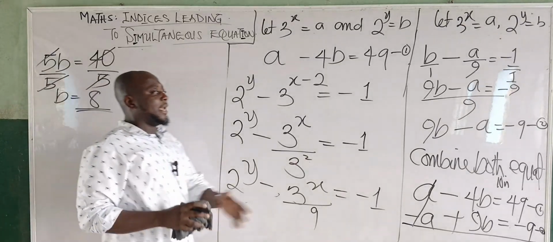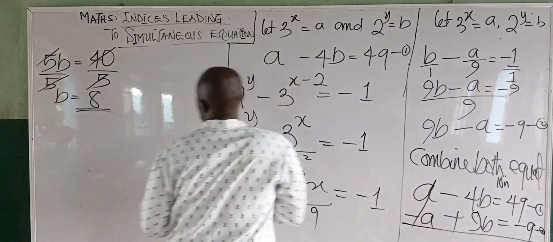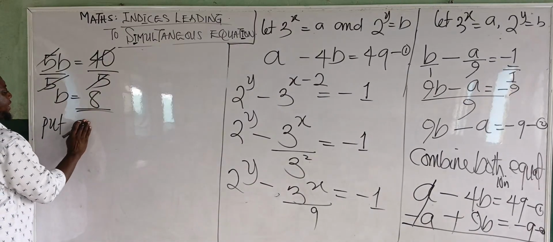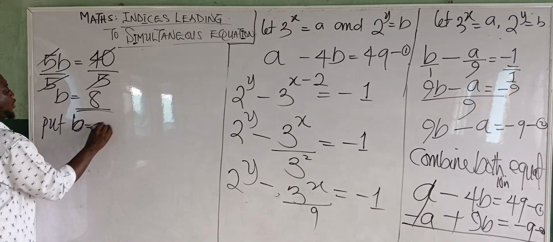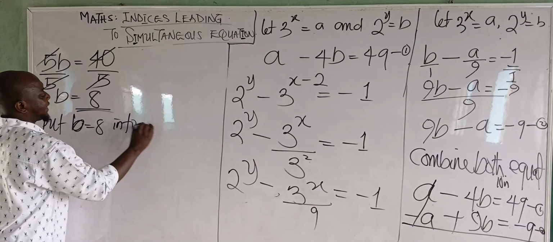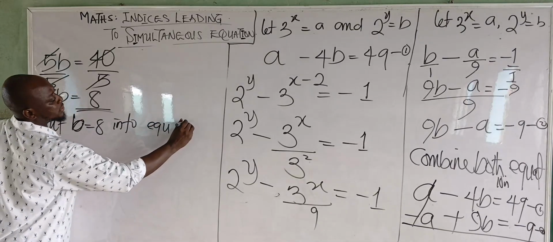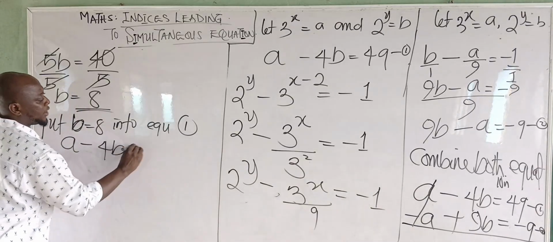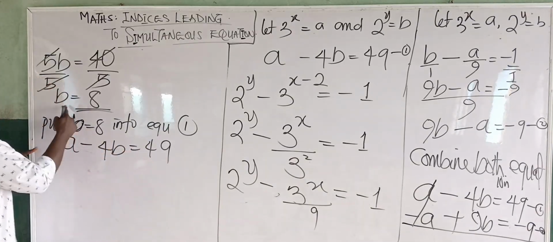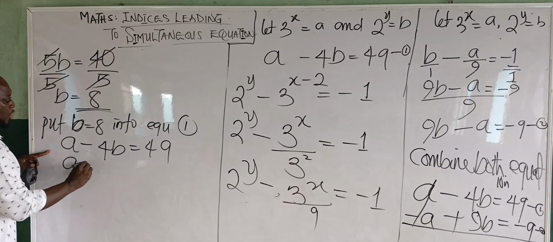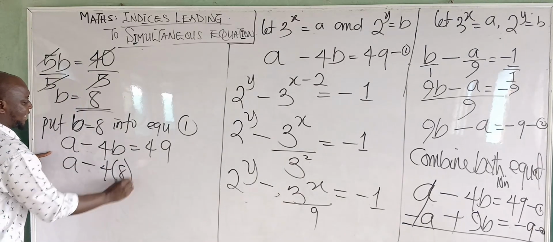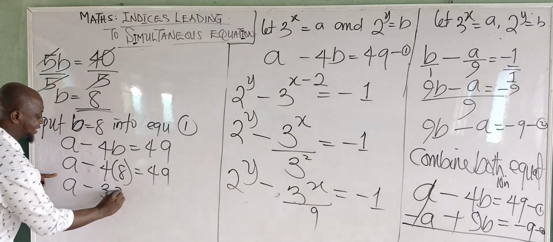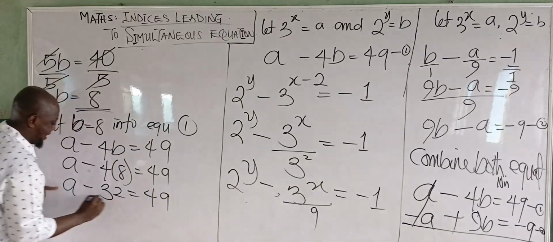We are not done yet. So let me get a. So I will put b equals to 8 into any equation you like. So let's use equation 1. So a minus 4b will give us 49. So anywhere I see b, I'll put 8. So this becomes a minus 4 into bracket 8 equals 49. A minus 32 equals 49.